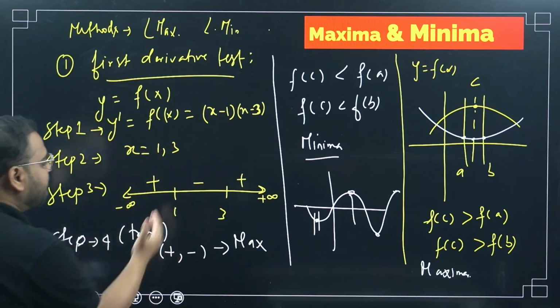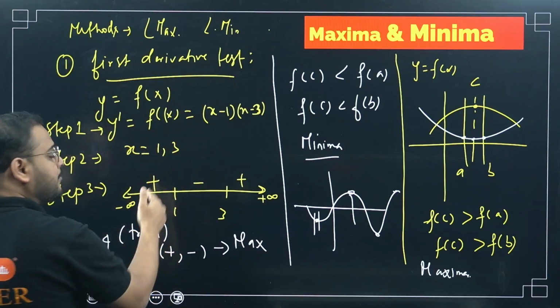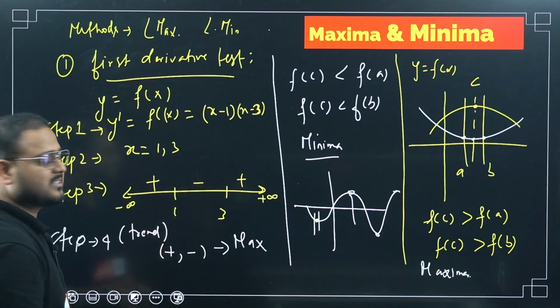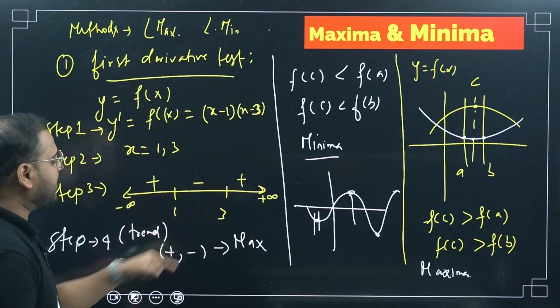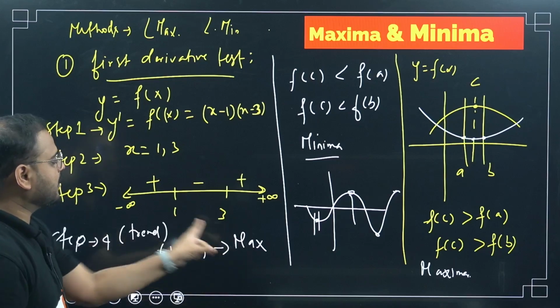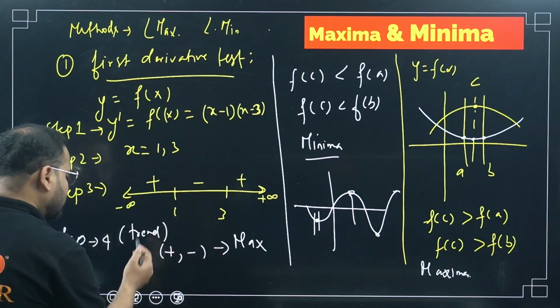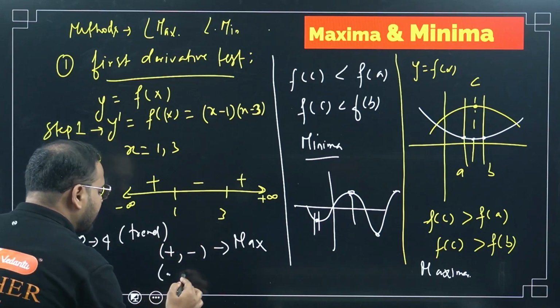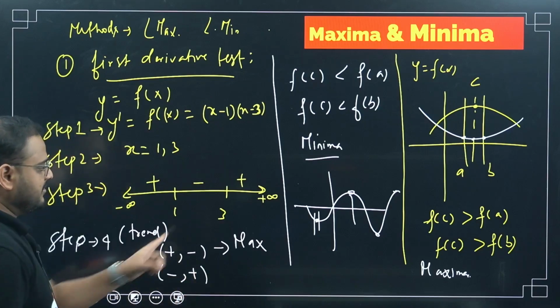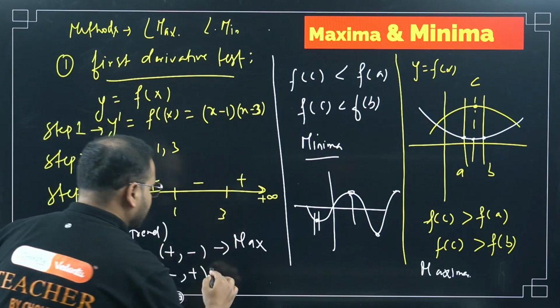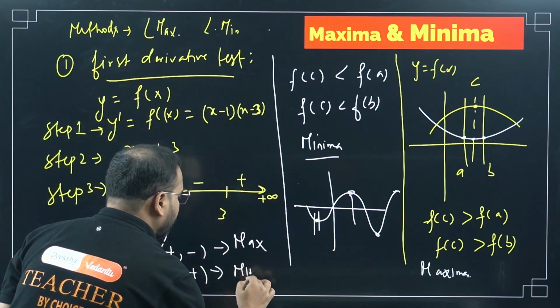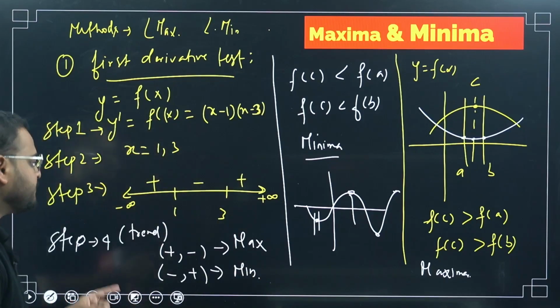Before 1, plus; after 1, minus. So my point 1 is maxima. And what is the other trend? Whenever I have minus to plus, check here at 3, then it is minima. Please understand this.